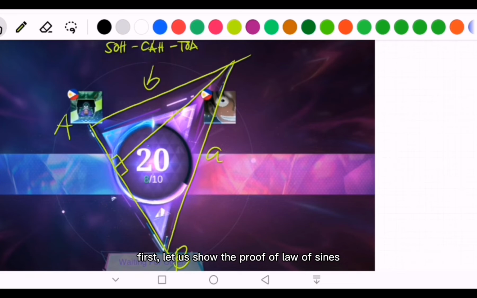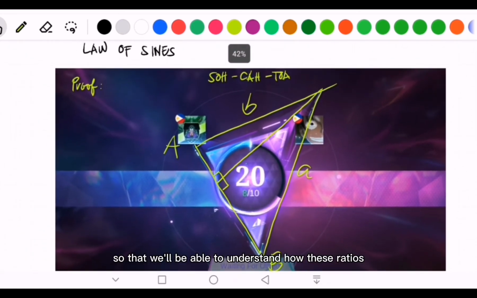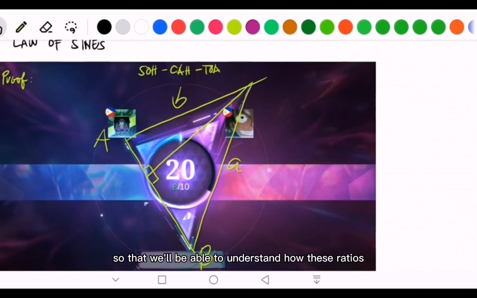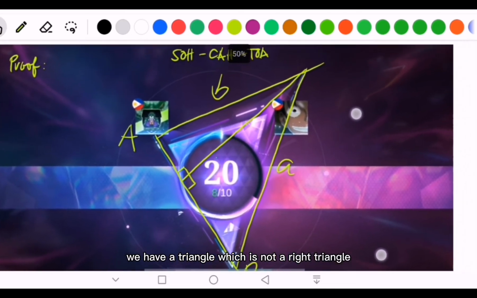First, let us show the proof of the law of sines so that we'll be able to understand how these ratios, or relationship on the sine of the angle to one another. So let's say here, for example, we have a triangle which is not a right triangle.